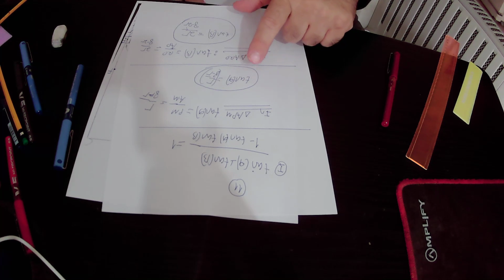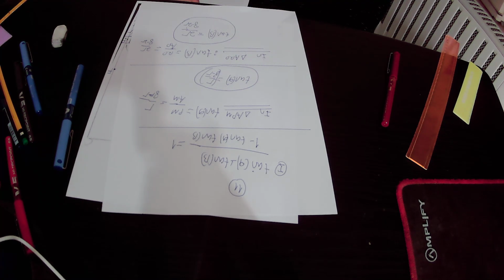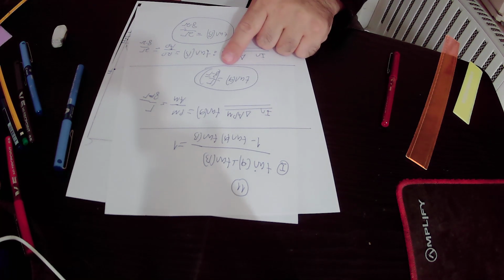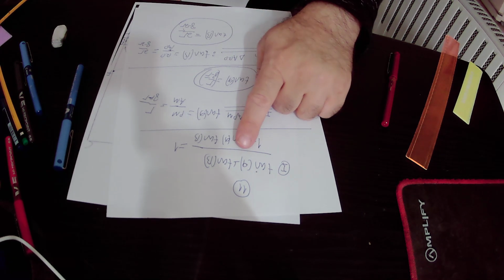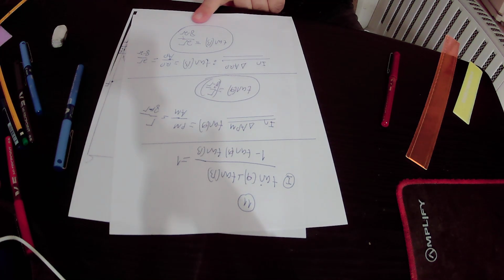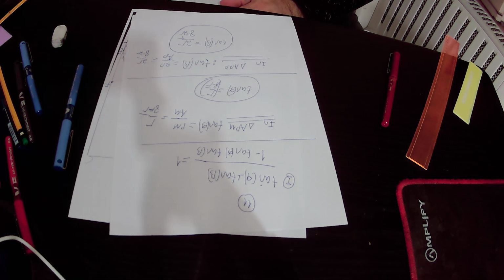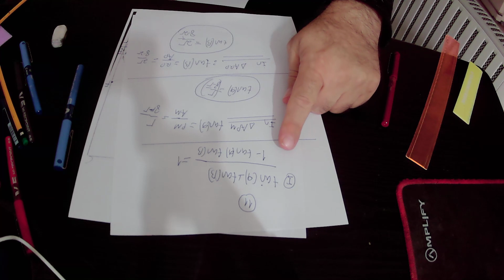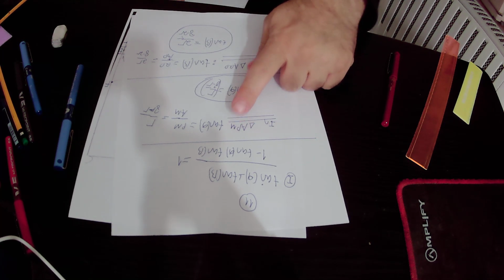So equation number 1 will be, instead of tangent alpha, R over 8 minus R, plus, instead of tangent beta, 2R over 8 minus 2R, over 1 minus tangent alpha times tangent beta.